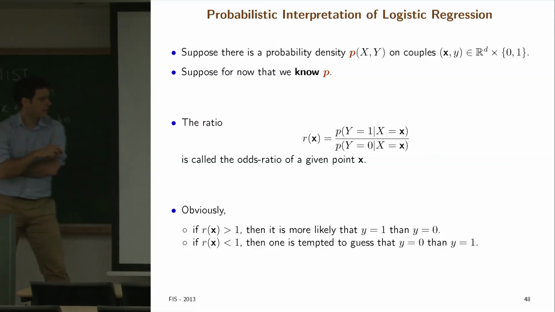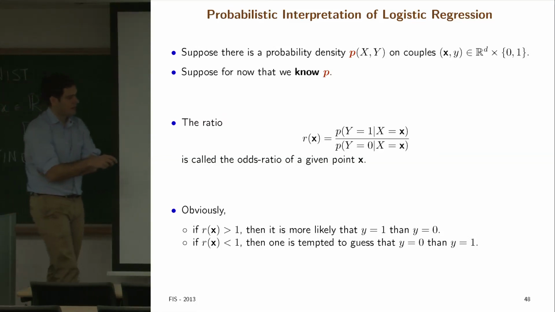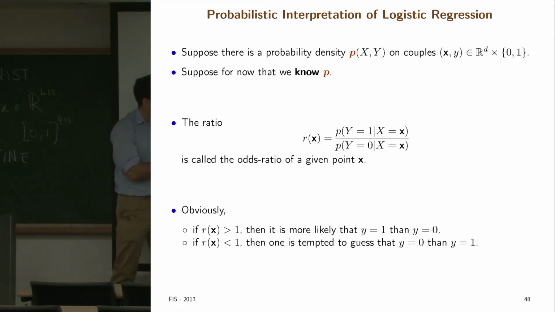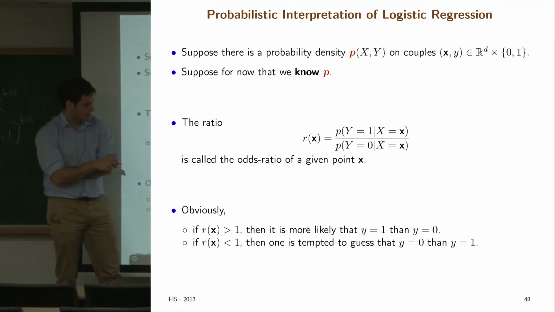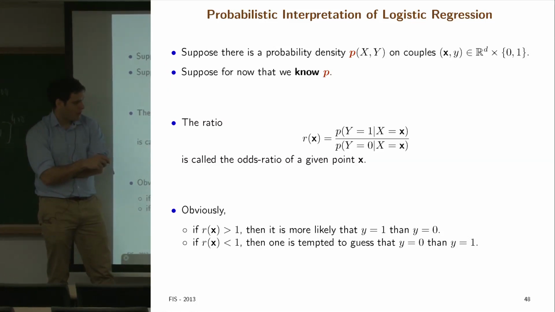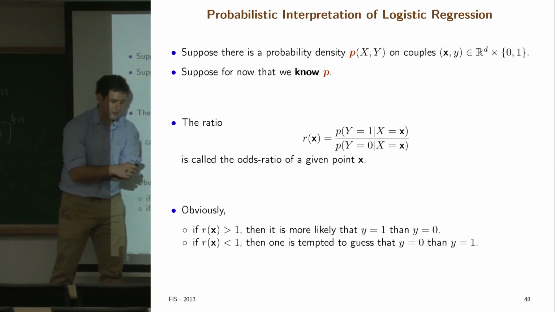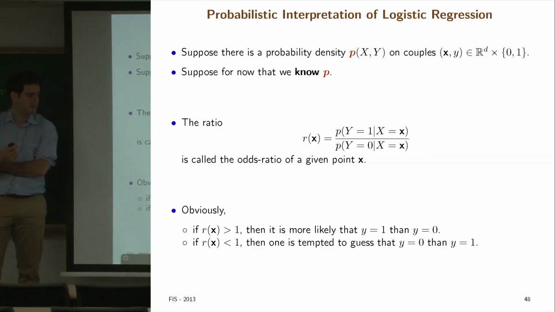If you look at the ratio that I'm forming here, it is the probability that y equals 1 conditionally on x equals x, divided by the probability that y equals 0 conditionally on x equals x. If you're not familiar with the probabilistic language, this is just the following idea.